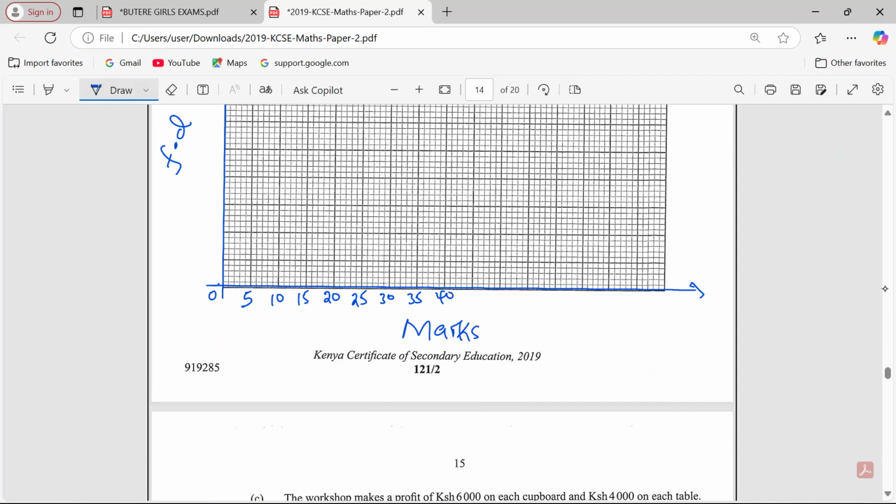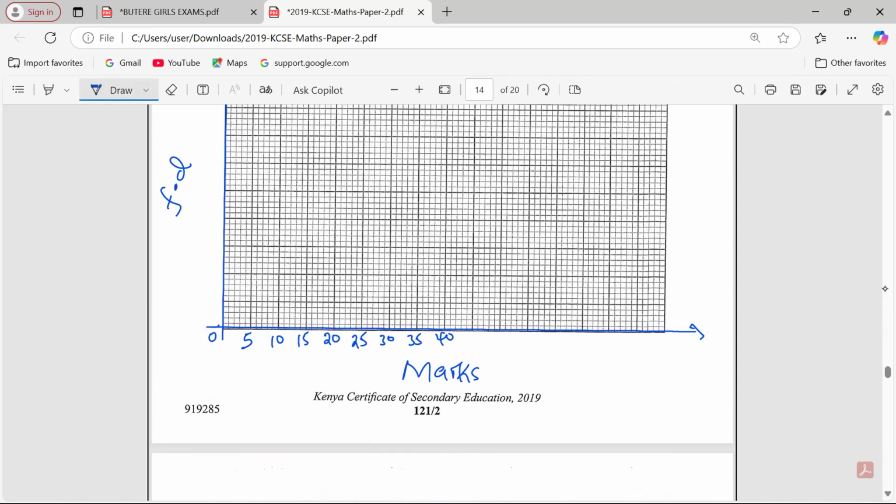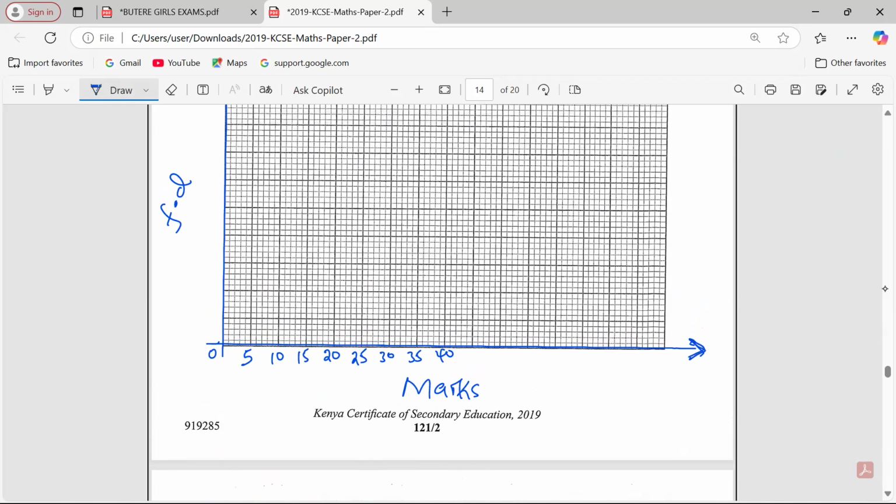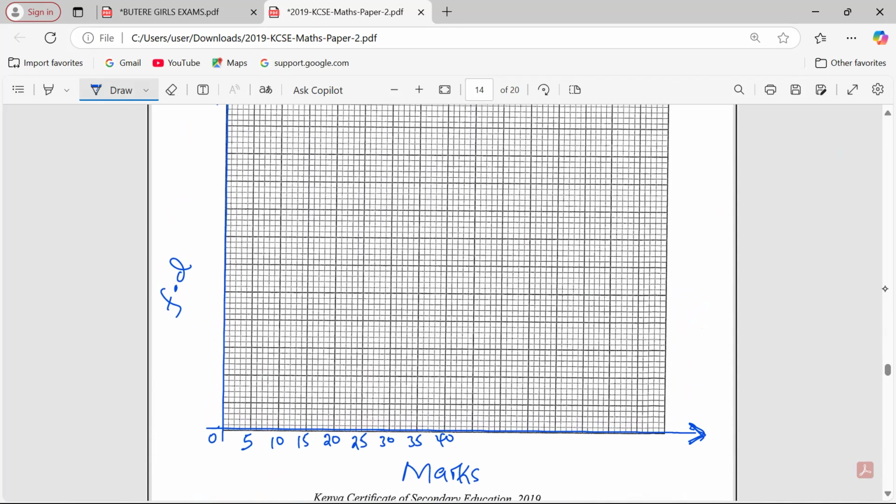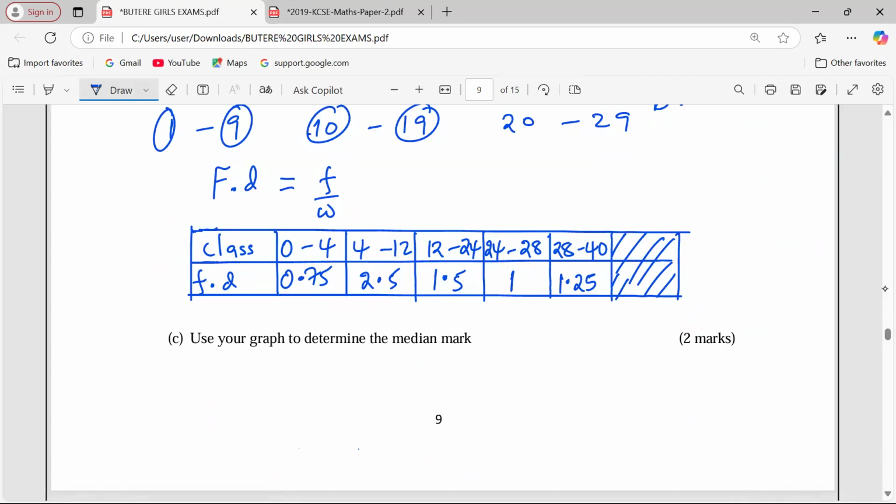And we can even work with a different scale, but this one is convenient. Let's get a suitable scale for the frequency densities. Frequency densities are running from the highest one, 2.5, to the least one, 0.75. So we can use intervals of 0.5.